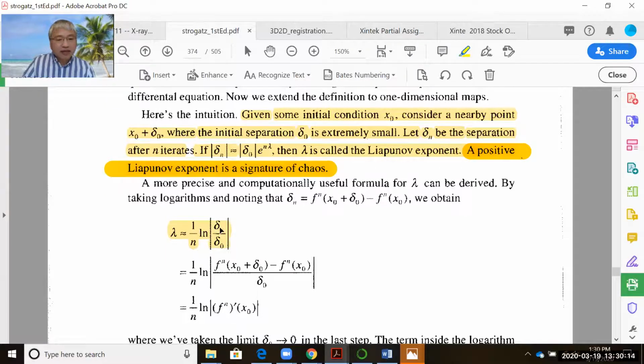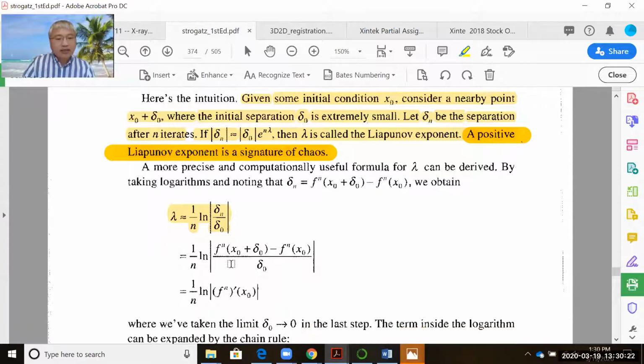All right, so this delta n, of course, by definition, is the difference at the nth iteration, the separation. If you take delta naught going to 0, then this is simply the derivative of the nth iteration map, f to the n power, taking the derivative and evaluating at x0.